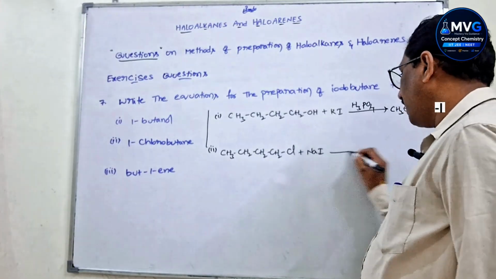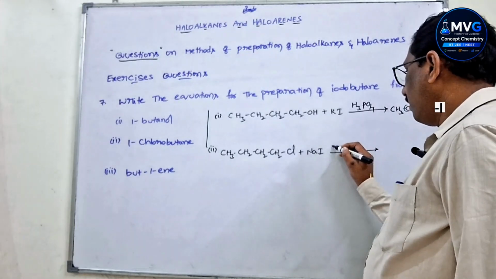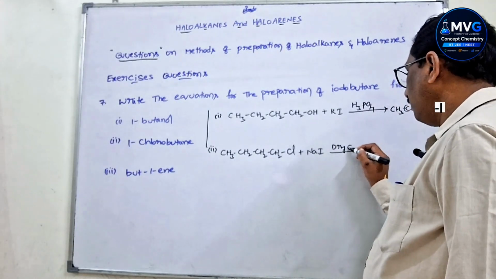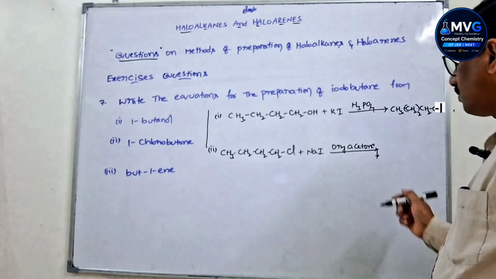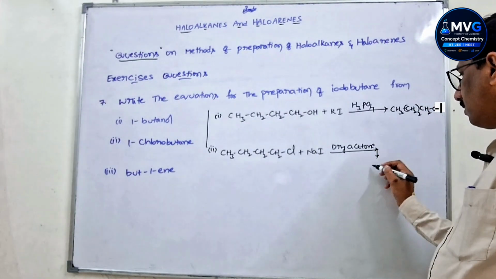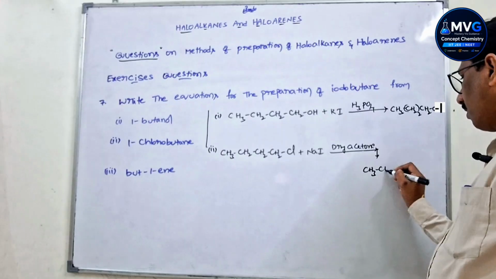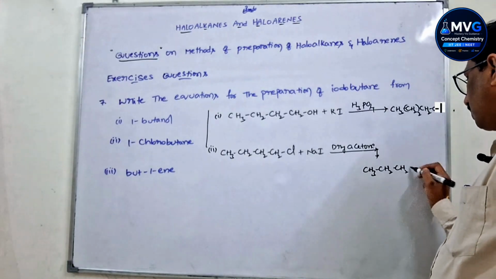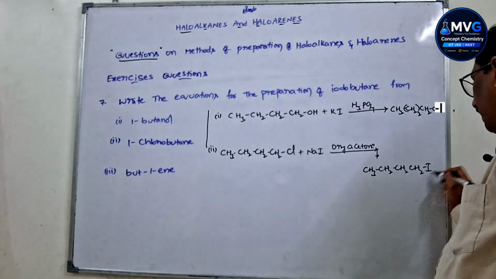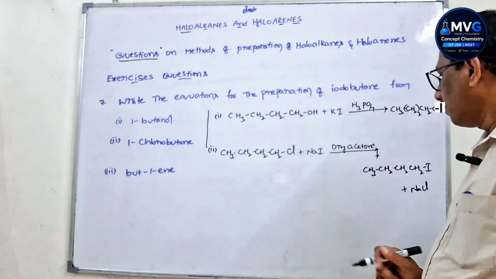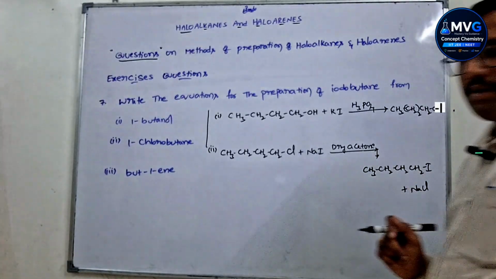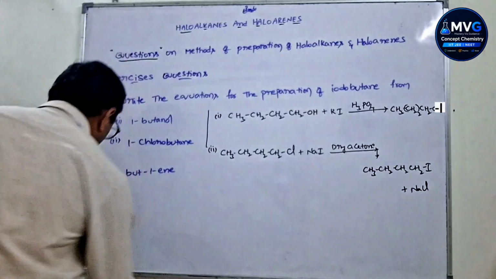When it reacts with NaI in the presence of dry acetone, it gives CH3, CH2, CH2, CH2, I plus NaCl as the byproduct. Iodobutane is the product.